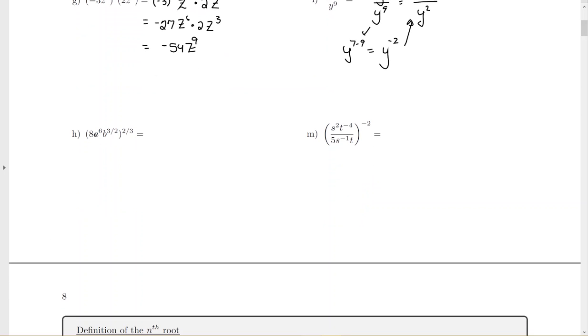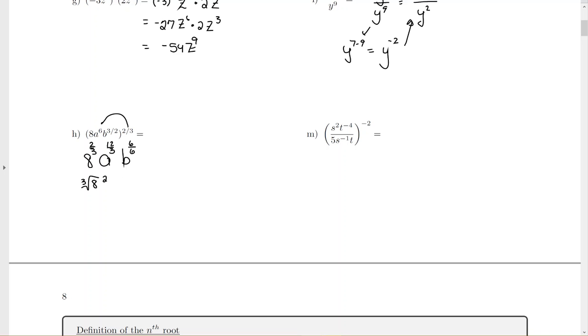Letter H, you can take 8 and raise it to the 2/3 power. A to the, and again, you're going to multiply here, so this is 12/3 power, and b to the 6 over 6. The number 8 to the 2/3 power is the cube root of 8 squared.